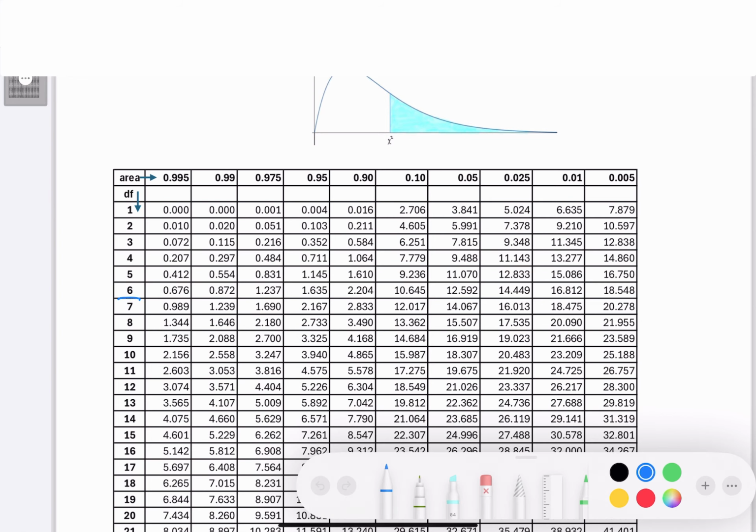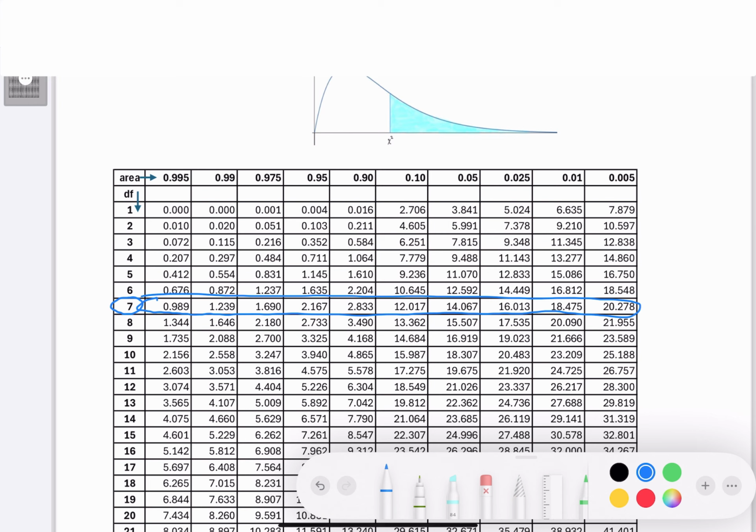So there's my 7 degrees of freedom. So I'm looking for a number in this row. Specifically, the number I'm looking for is one that has area to the right 0.90.